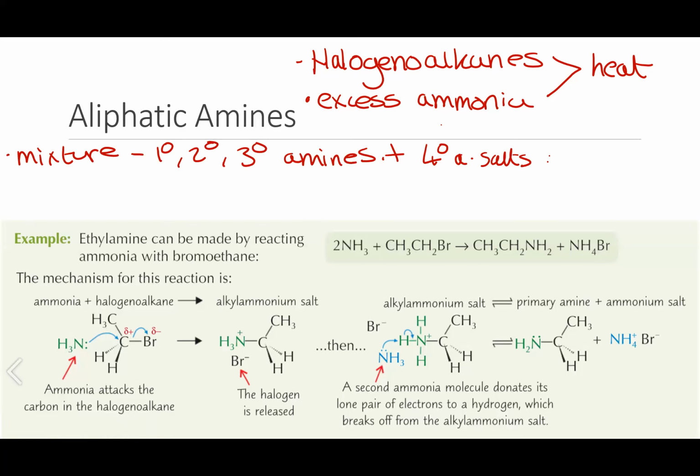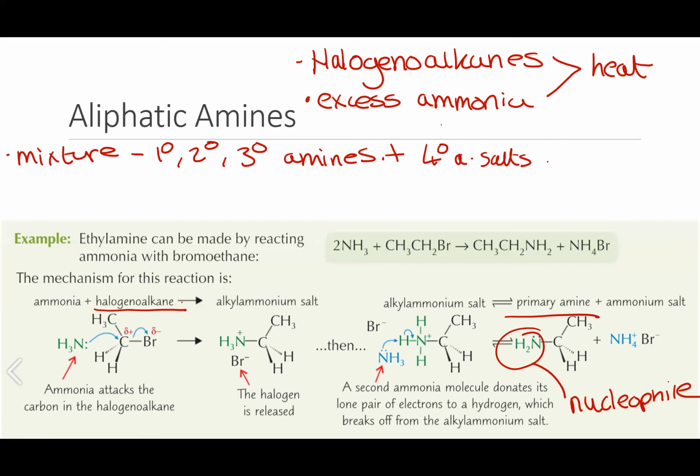That's because the primary amine that you produce first has that lone pair of electrons. It's a nucleophile. So because that primary amine that we make first is a nucleophile, it can then react with any remaining halogenoalkane in the solution, going through a nucleophilic substitution reaction.